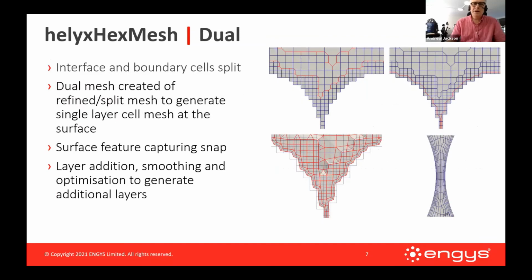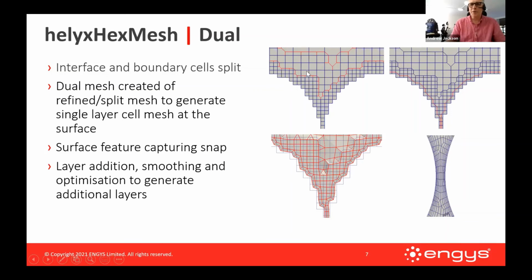So the first incarnation of a full layer coverage mesh was what we call the dual mesh, which we introduced at the workshop a few years ago. We try and use as much as is available in Snappy Hex Mesh, so we start with a refined castellated mesh, and then we have to split the cells at refinement interfaces and also at the boundary before we then calculate the dual mesh.